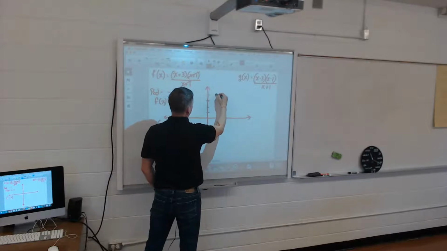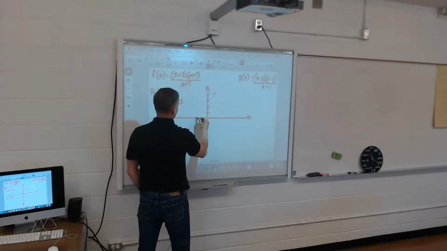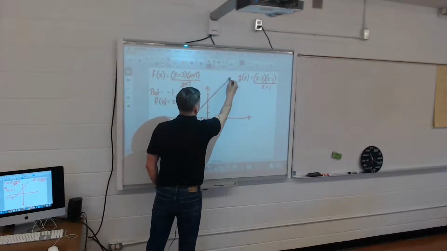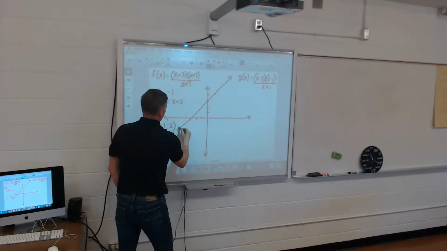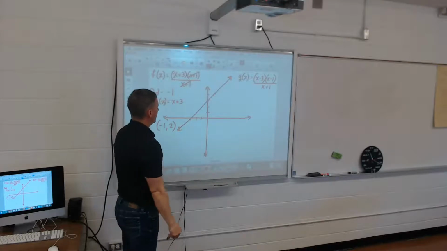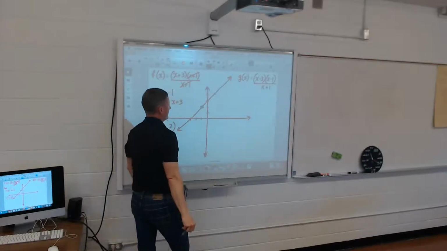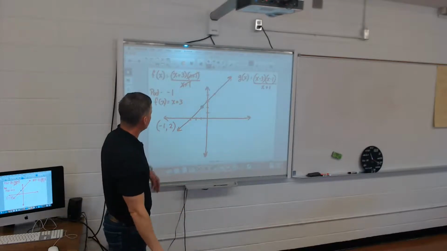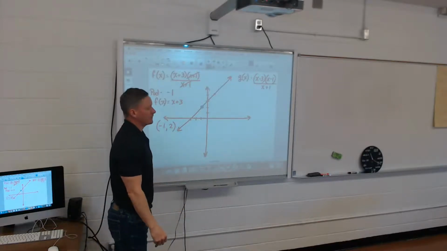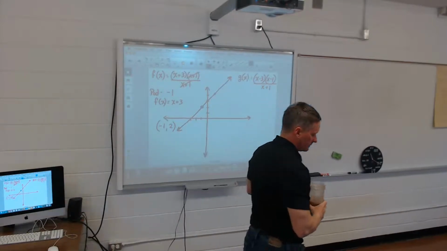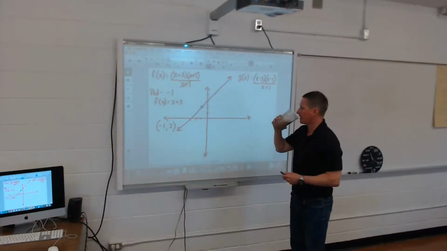Up 1, right 1, over to here. Graph my line, and then I go to (-1, 2). And there it is there. So that's the first graph of f of x. So that one we can do without technology. All we're doing is graphing a line here.